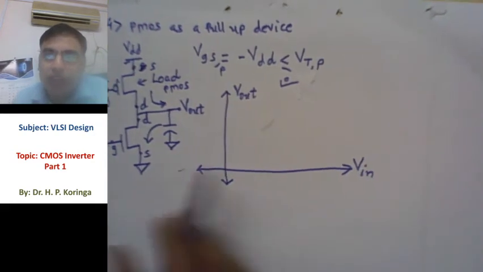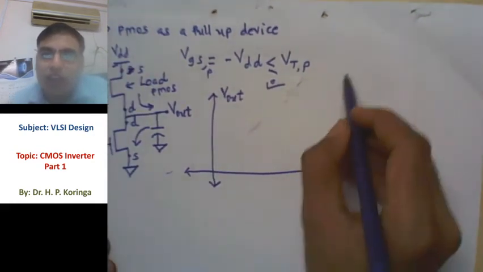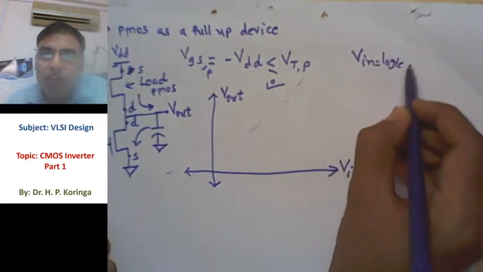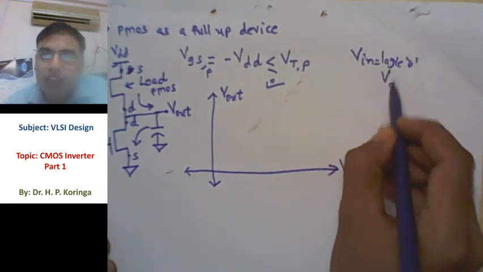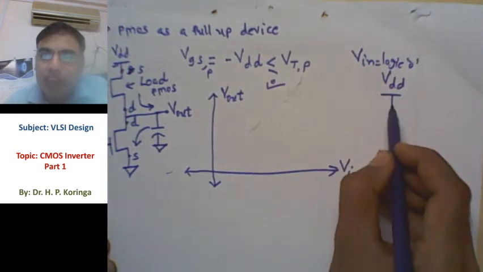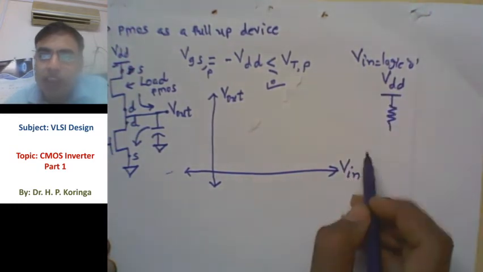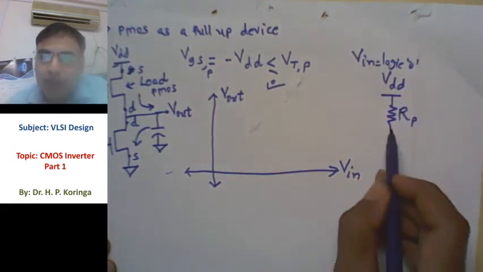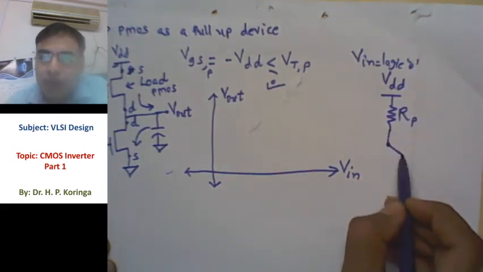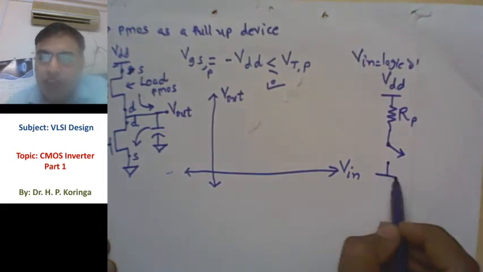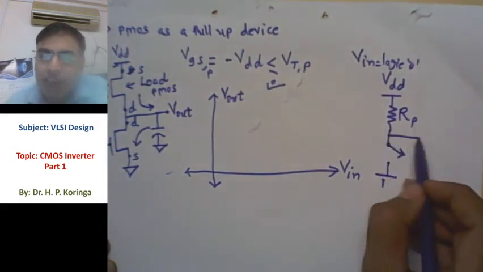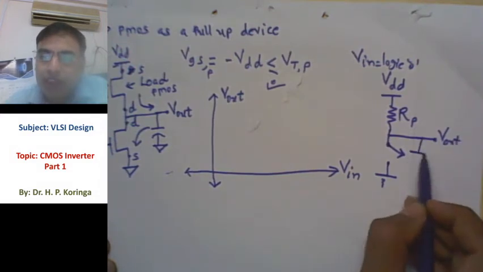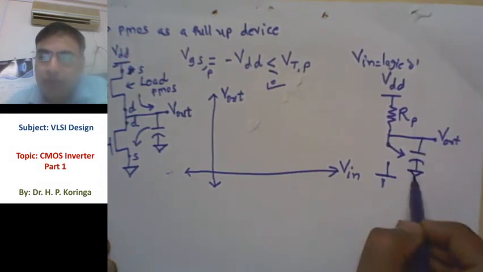When the input is logic 0, the P MOSFET is conducting and acts as a non-linear resistance, say of value RP, and the driver MOSFET operates in cutoff, so it has infinite resistance in the cutoff region.